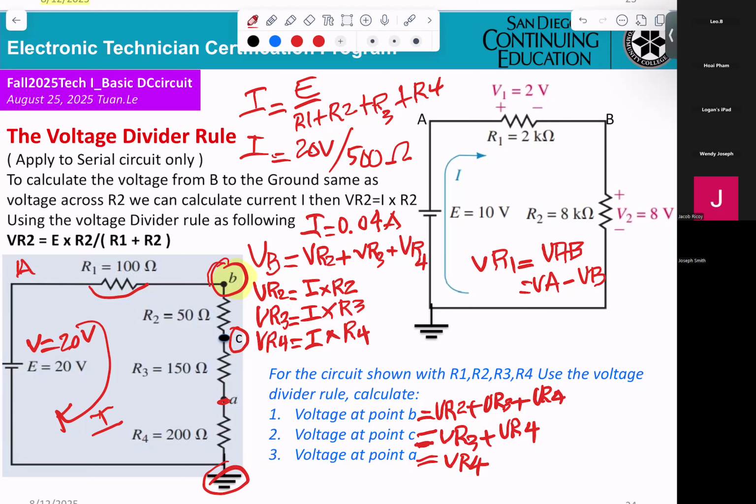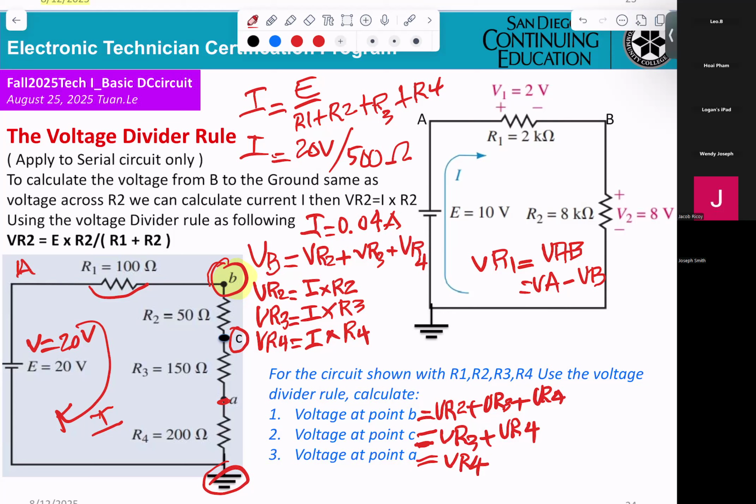Now, if I give you a meter and I want the voltage VR2, the high side you connect to B, and the low side must be connected to C. Only the other two.